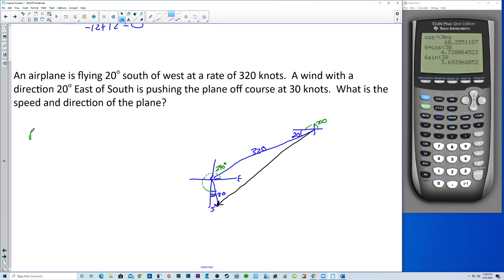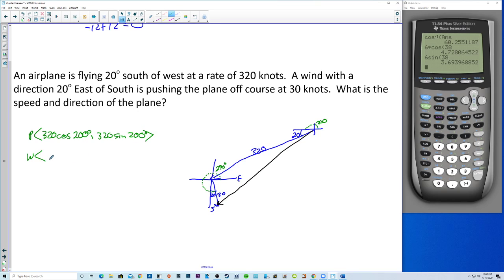All right, so the plane is 320 cosine of 200 degrees, and then 320 sine of 200 degrees.